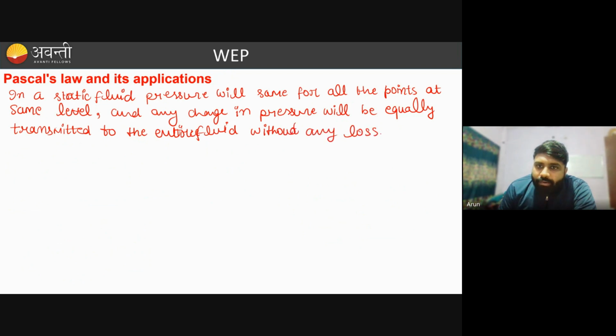So without any loss, any change of pressure will be equally transmitted to the entire fluid, and that fluid must be incompressible.